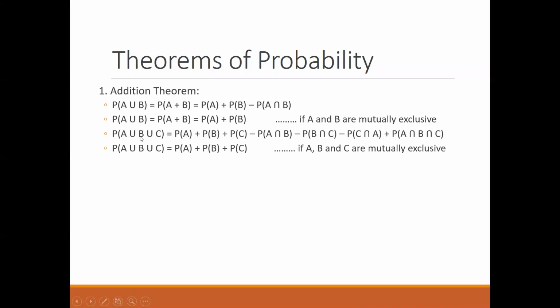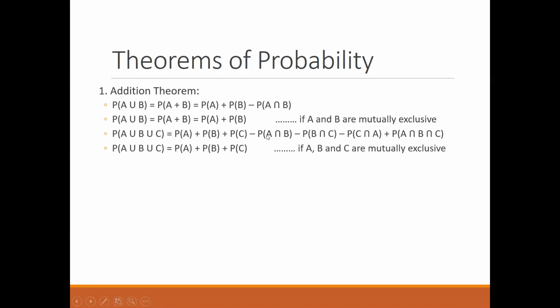And here you can see we have probability of A plus B plus C. Then we subtract the common events between A and B, and the intersection part from B and C and so on. But if you look at the last one, we are adding, so plus P, A intersection B intersection C. That means the common things between all the 3 sets, or even if you want, you can call it events.